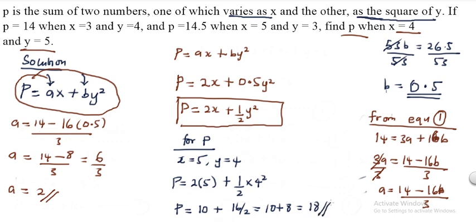So we know that p is equal to 18. That is how to solve joint variation and partial variation problems.